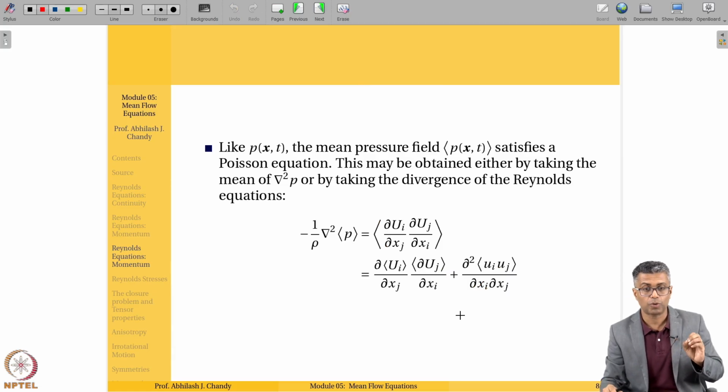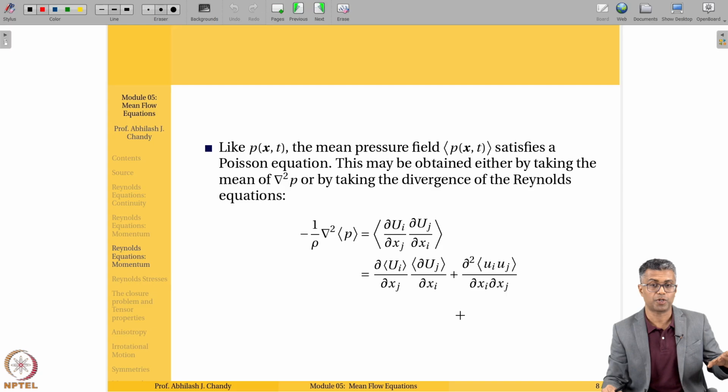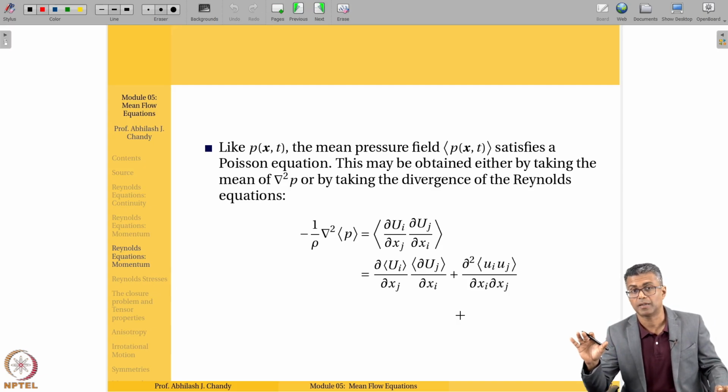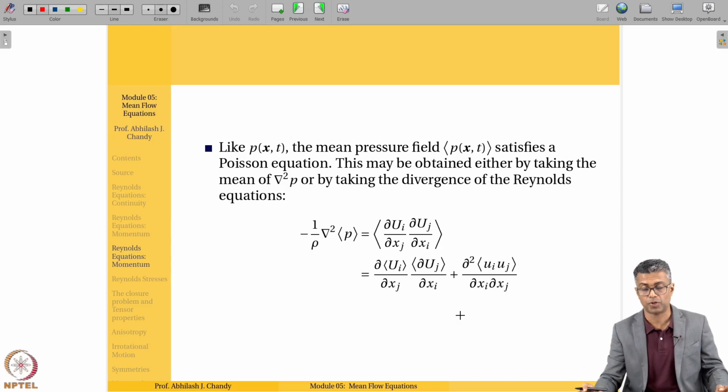We should also now think about the Poisson's equation, because when you're taking an averaging, you would have to take an average of that as well. So just like you have a velocity that is fluctuating, you also have a pressure that is fluctuating. So you'll have a mean pressure and a fluctuating pressure. Here we are going to take the divergence of the momentum equation to obtain the Reynolds form of the Poisson's equation.